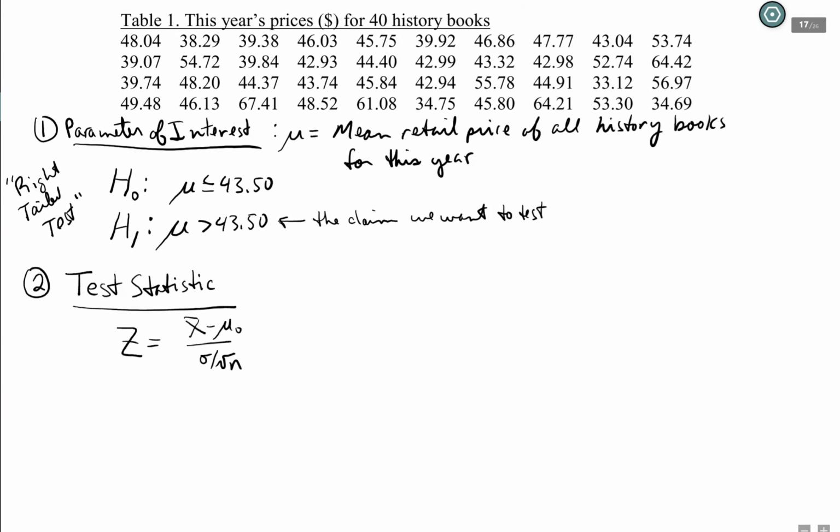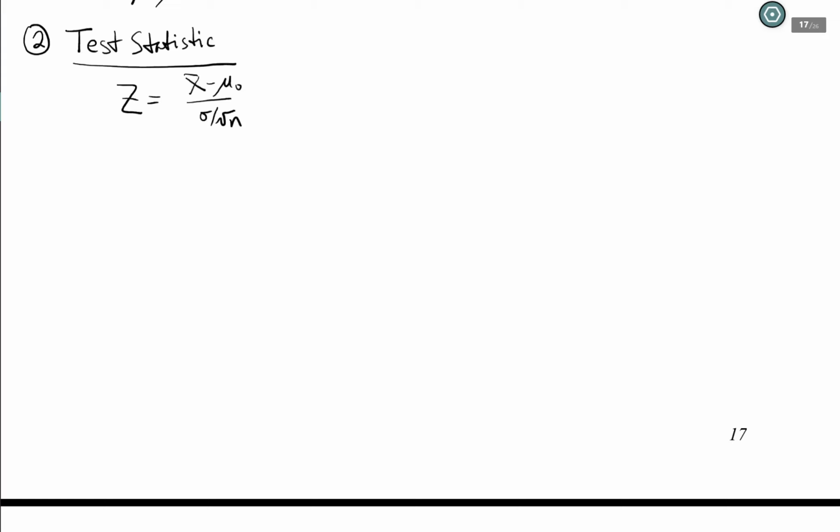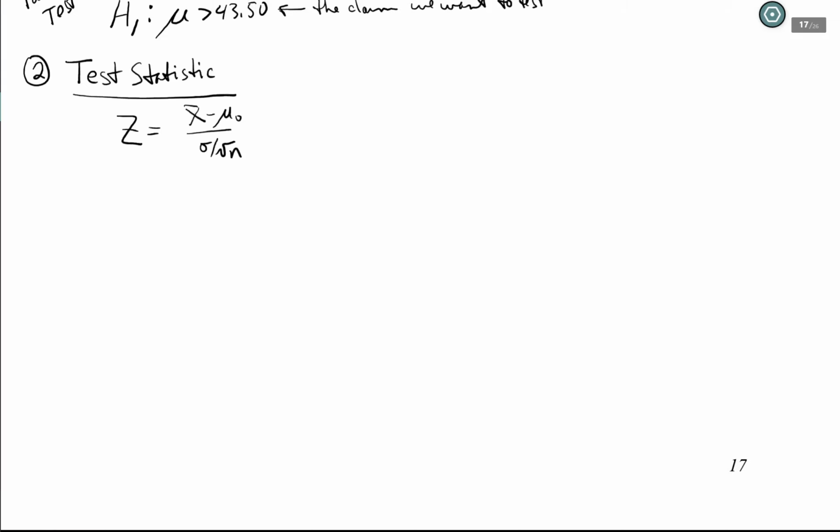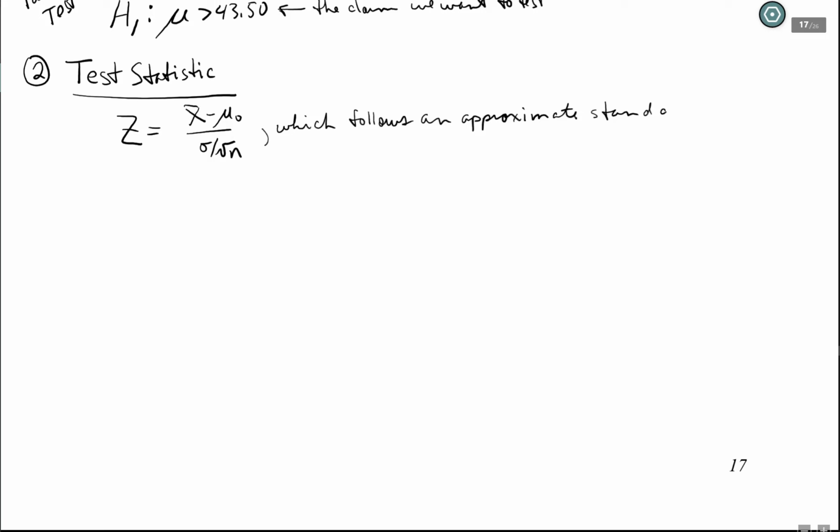Okay. So our test statistic, Z, is this test statistic. This ratio follows an approximate standard normal distribution.